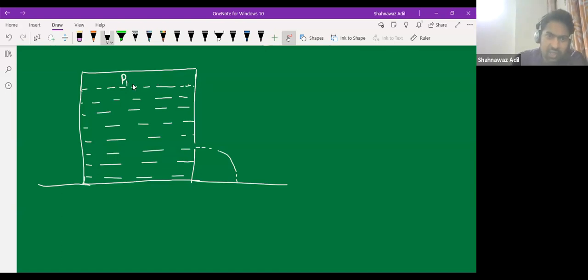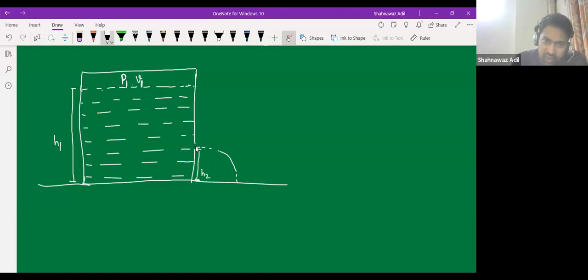Let's say the water is flowing down, so the volume is getting decreased. Water is flowing out of this part, so the water level is going down with, let's say, V1 speed. Let's say this height is H1, and this height is H2.